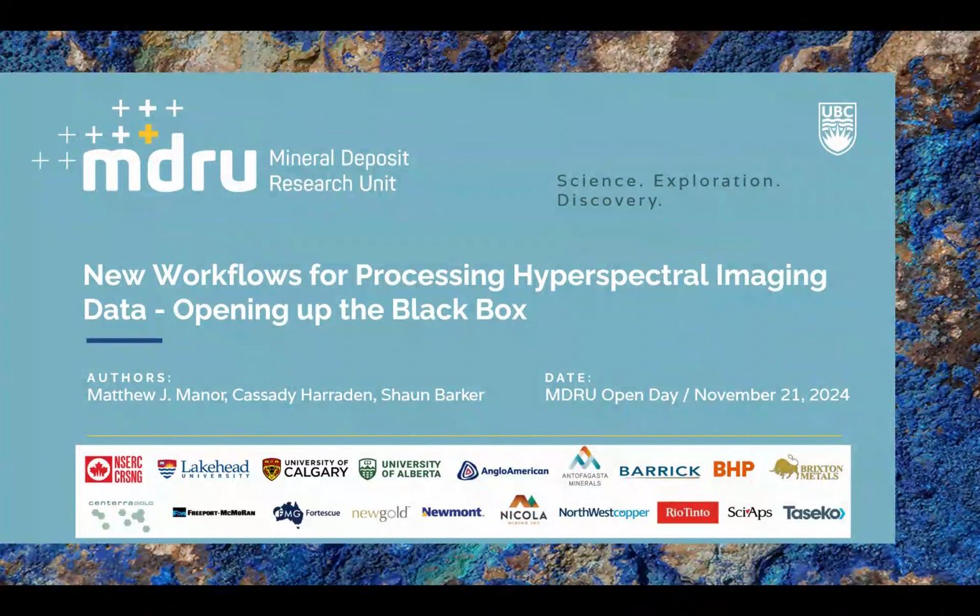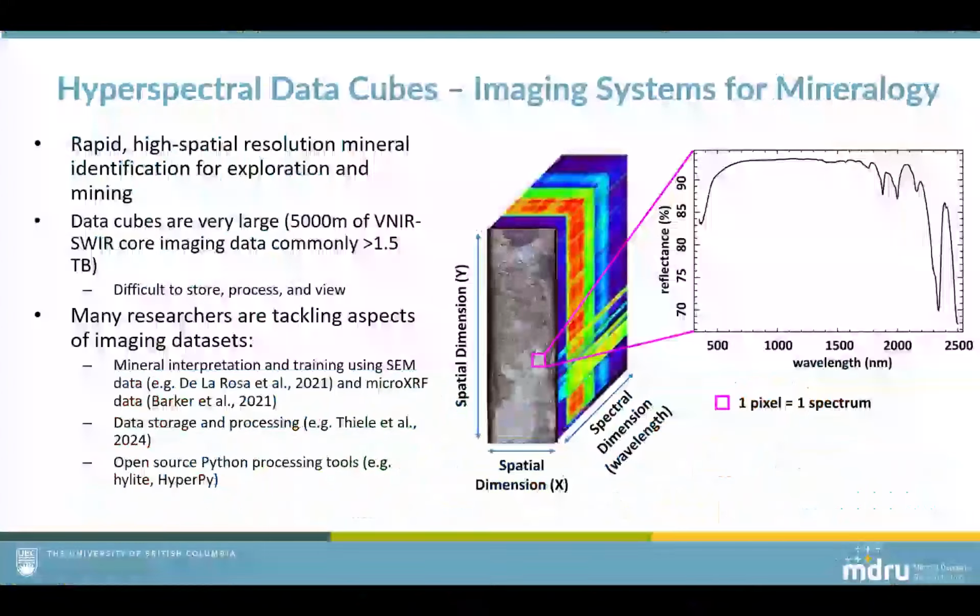Thanks, Sean. Yeah, so let's open the black box. We're going to talk about hyperspectral imaging today. Cass set me up nicely with the amount of mineralogy talk that she was doing. But just to introduce everyone to what a hyperspectral data cube is, these are imaging systems for mineralogy.